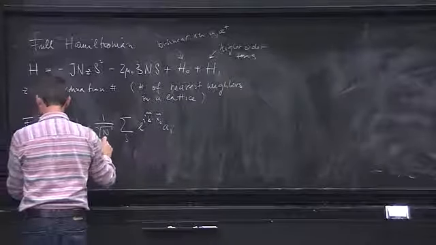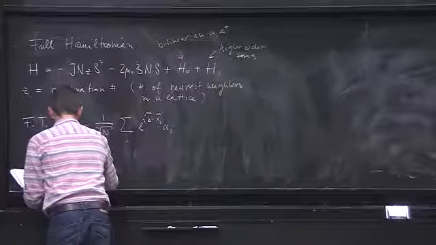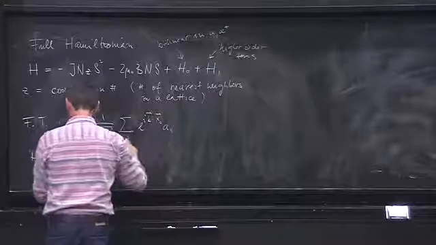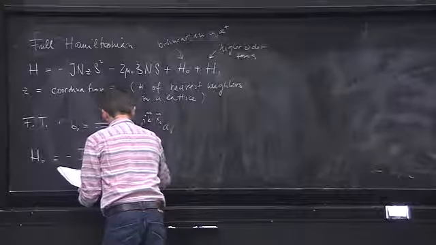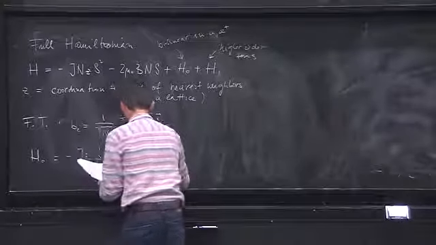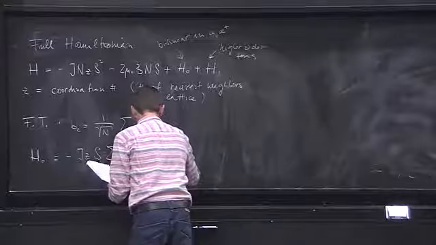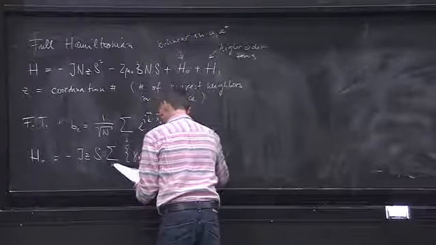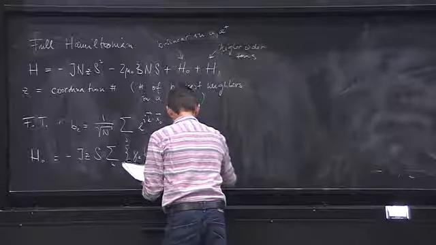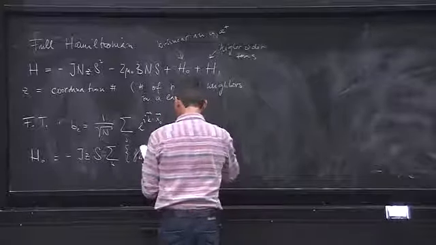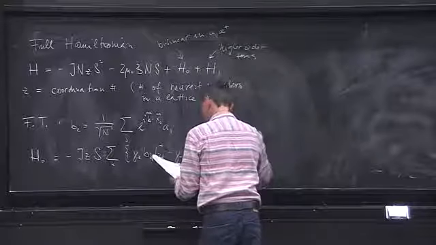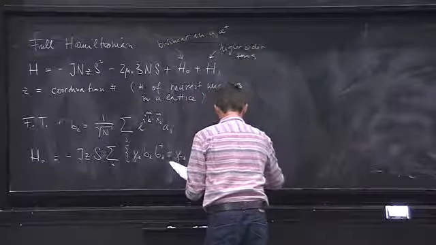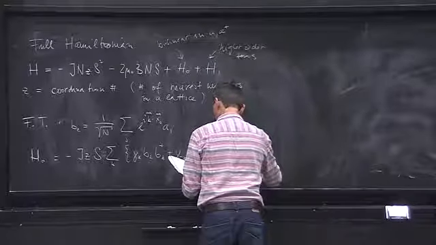H0 has the following form: minus J Z S sum over k, gamma_k b_k b dagger_k plus gamma_minus k b dagger_k b_k minus 2 b dagger_k b_k.